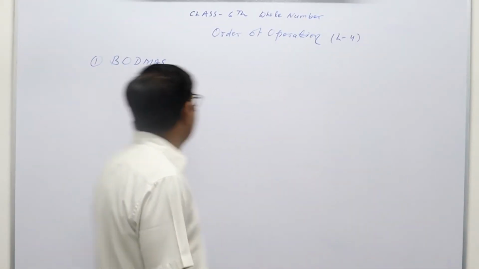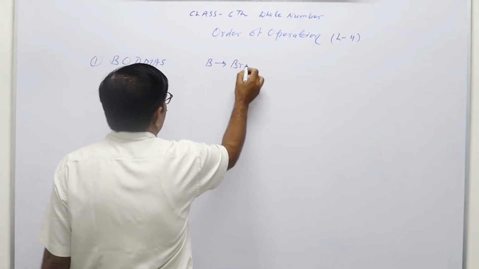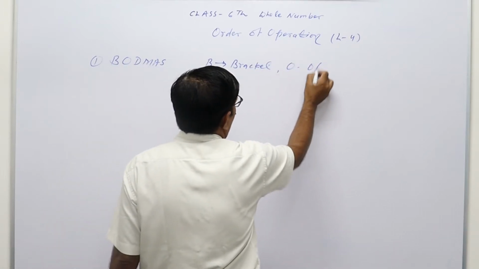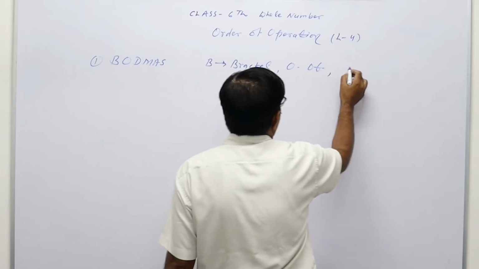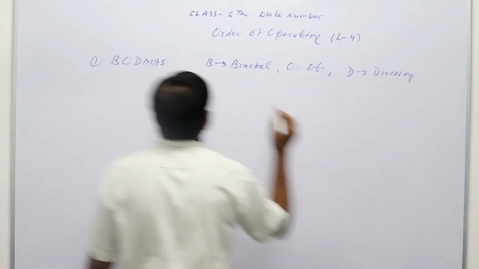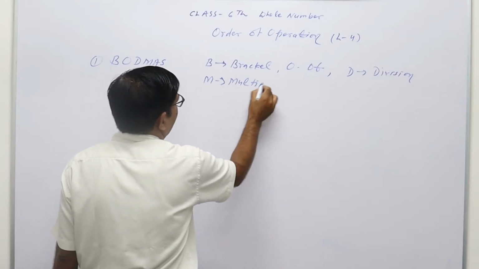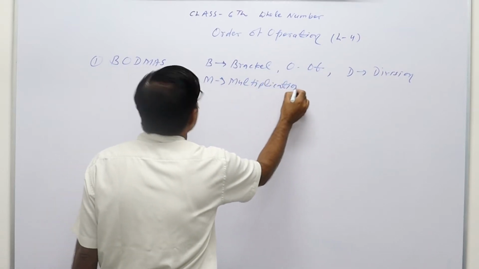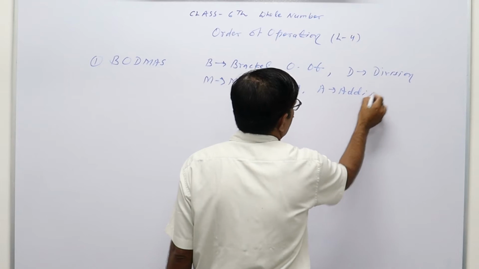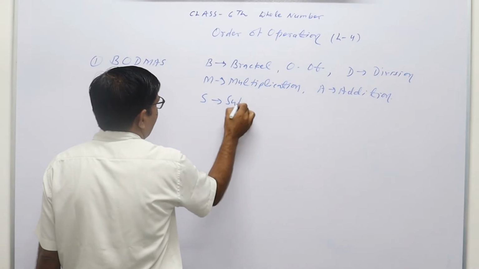In BODMAS, B stands for bracket, O stands for of, D stands for division, M stands for multiplication, A stands for addition, and S for subtraction.